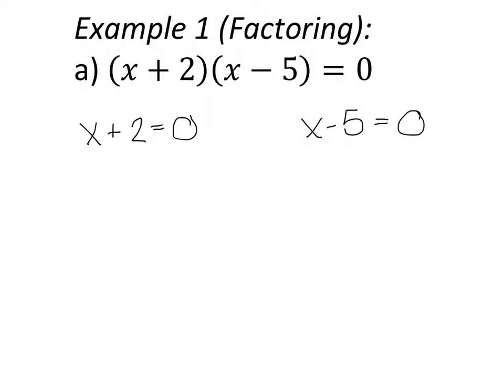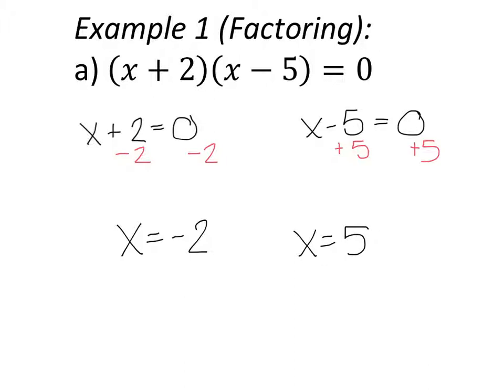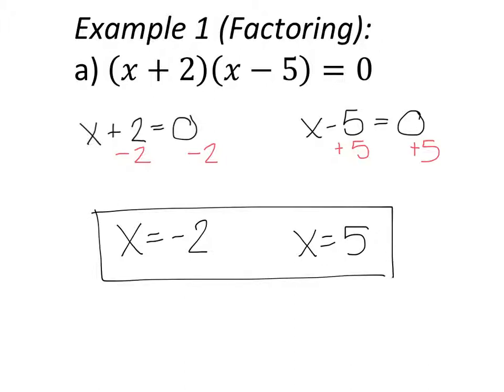And now you solve each of those for x. In the first one, we're trying to get x by itself, so let's subtract 2 to the other side. What does x equal there? Negative 2. And the other one, we'll add 5 to the other side. What does x equal there? 5. So those are the two places that our graph will cross the x-axis, at x equals negative 2 and x equals 5.